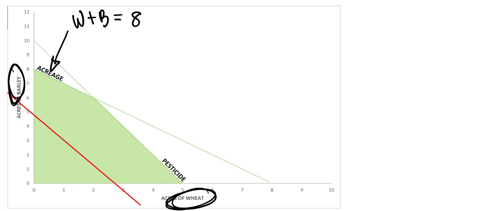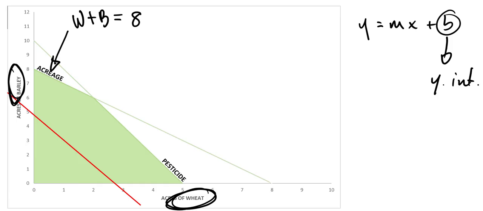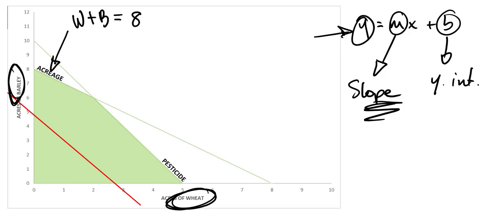If we remember back to the basic equation of a line, which is y equals mx plus b, where b represents the y-intercept and m represents the slope, here what we're concerned with is the slope. But why it is important to pay attention to how we label the axes is because we need to make sure that this value of y is over here by itself.